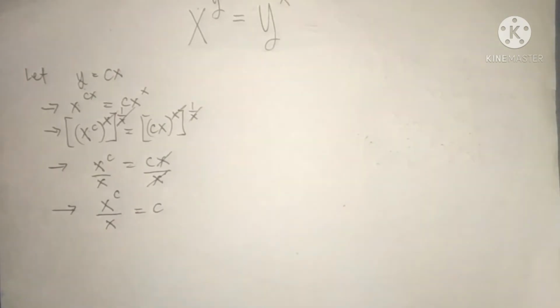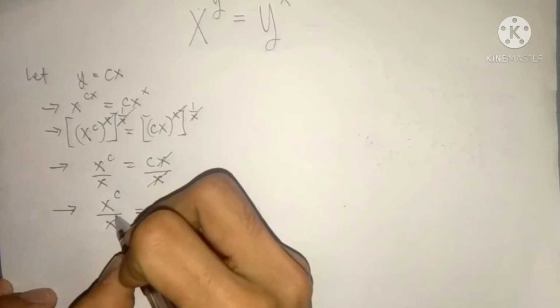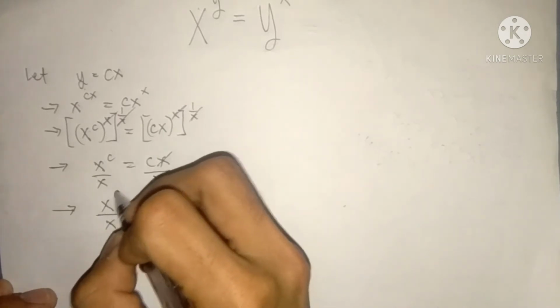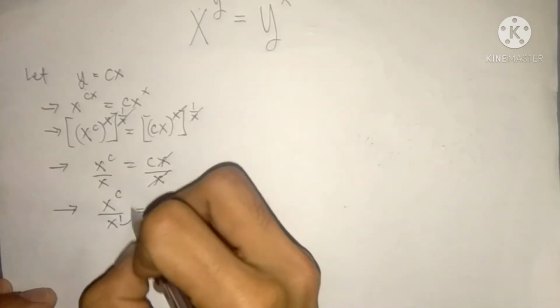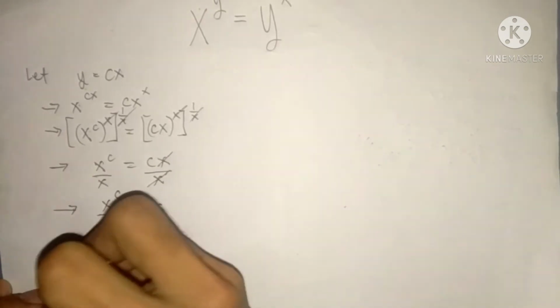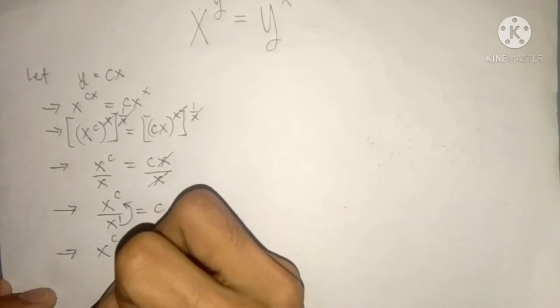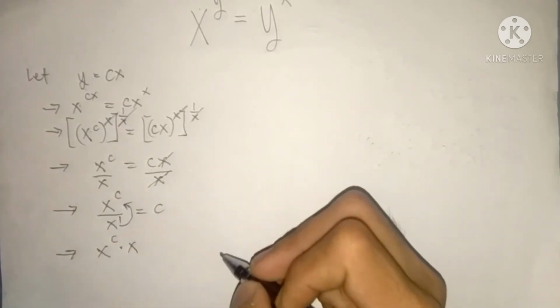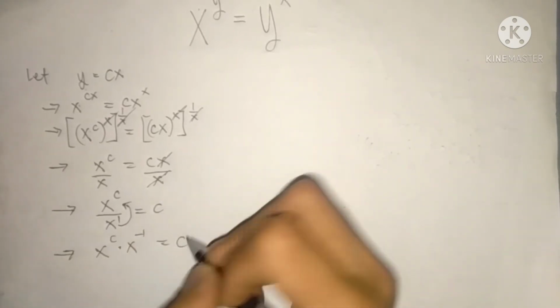So, notice that the denominator of x raised to c is x raised to 1. So, pwede natin siyang i-taas para maging multiplication. So, x raised to c times x raised to negative 1 is equal to c.